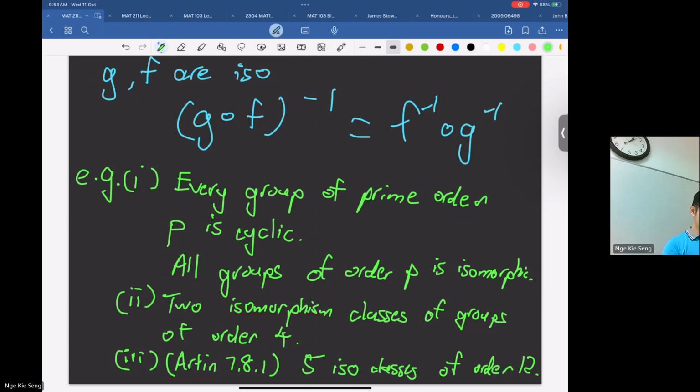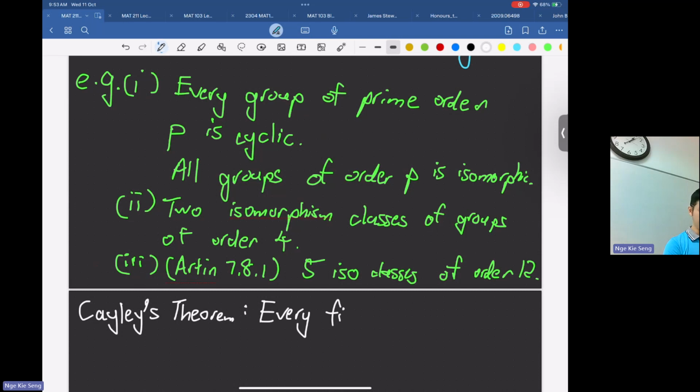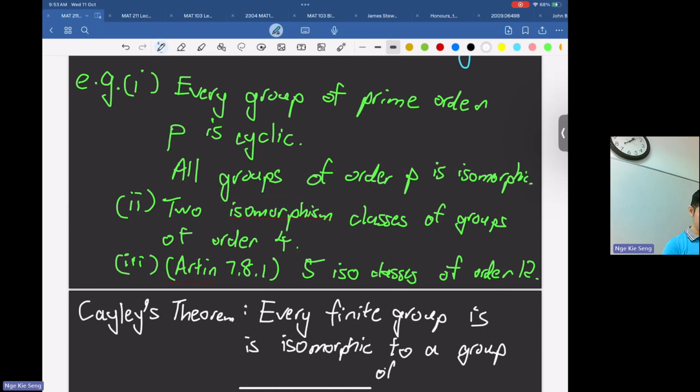I want to stop with one theorem and then we can leave. This is a very important theorem in finite group theory, called Cayley's theorem. Cayley's theorem says that every finite group is actually the same as a group of permutations, so it's a subgroup inside Sn.